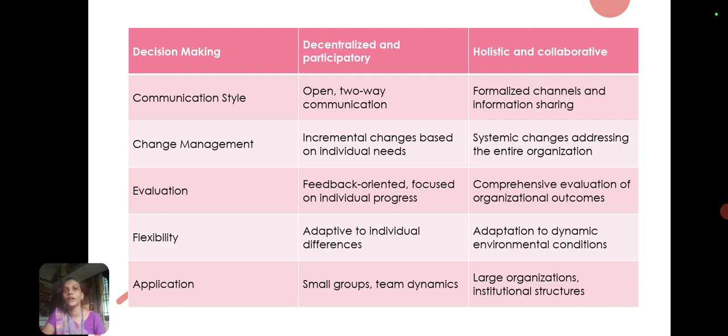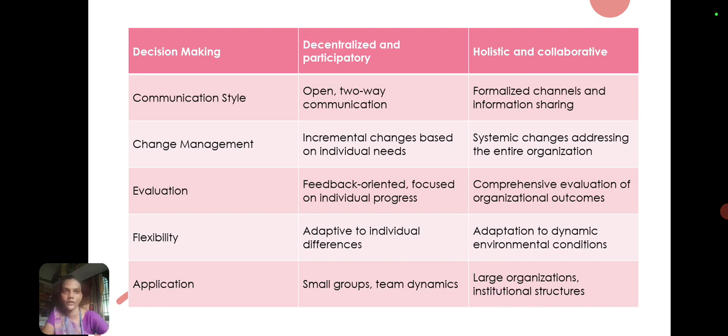For communication style, the behavioral approach uses open, two-way communication, but the system approach uses formalized channels. For change management, the behavioral approach makes incremental changes based on individual need, but the system approach involves the entire organization. Evaluation in the behavioral approach is feedback-oriented and focused on individual process, while the system approach is a comprehensive evaluation of organizational outcomes. Flexibility in the behavioral approach is adaptive to individual differences, but for the system approach it is adaptability to dynamic environmental conditions. As for application, the behavioral approach applies to small groups and team dynamics, but the system approach involves large organizations or institutional structures.